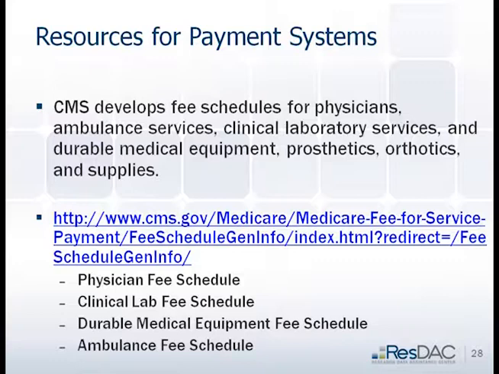And here's the URL where you can go to look up the fee schedule. So for instance, if you're interested in knowing what a physician in a particular area is going to get paid for this HCPC, you can go to this lookup, and here you have to say what his GPCI is. They'll give you information back for physician, clinical labs, DMEs, and ambulance fee schedules.